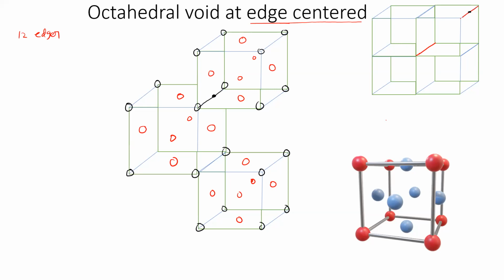What are all the 6 atoms? 1, 2, 3, 4, 5, 6. Six atoms are there. Is that clear?